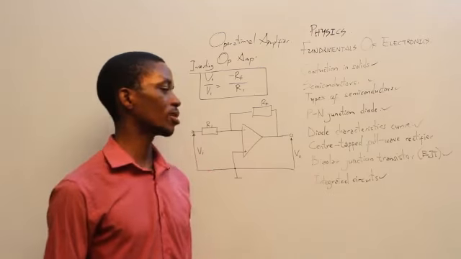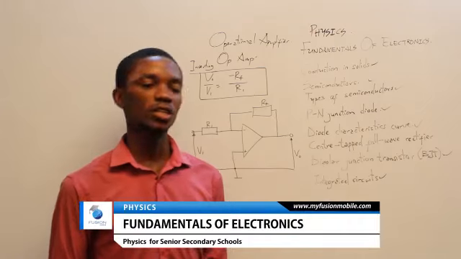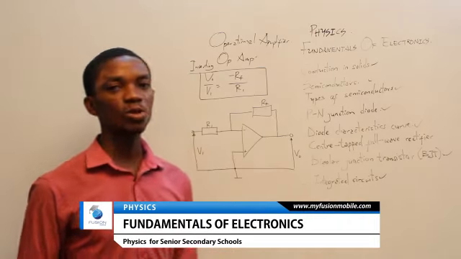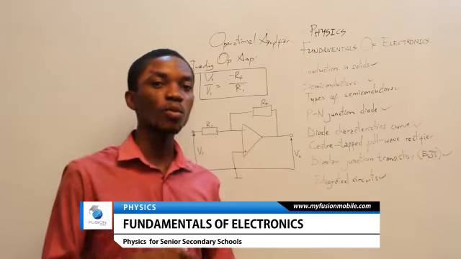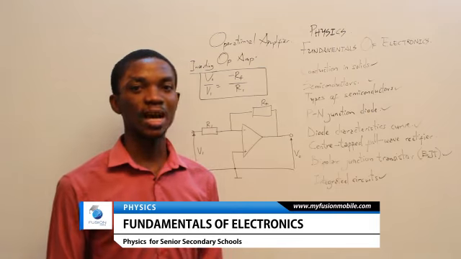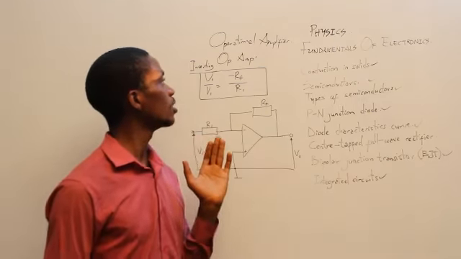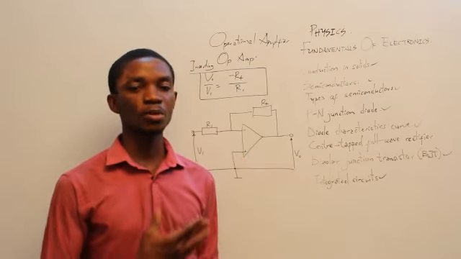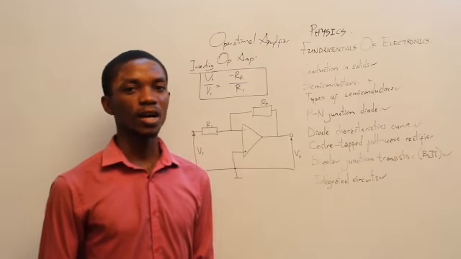And we discussed voltage amplification as the voltage output divided by the voltage input. We also went straight to discuss integrated circuits. We mentioned what integrated circuits are, where we can find them being applied in real life, and also we talked about the inverting and non-inverting operational amplifier, being one of the most versatile integrated circuits.